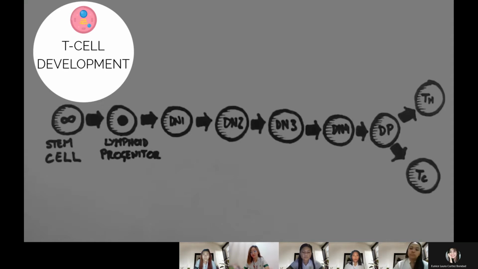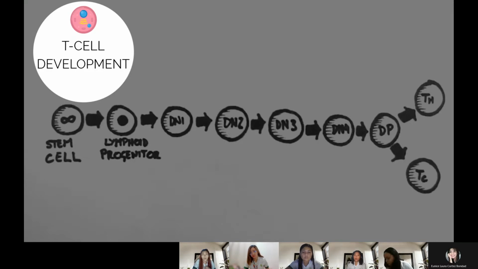It is good to take note that our primary lymphoid organ, the thymus gland, allows T cell development to complete, and it is functional during infancy, childhood, and adolescence, because as we grow older it undergoes atrophy and becomes non-functional.